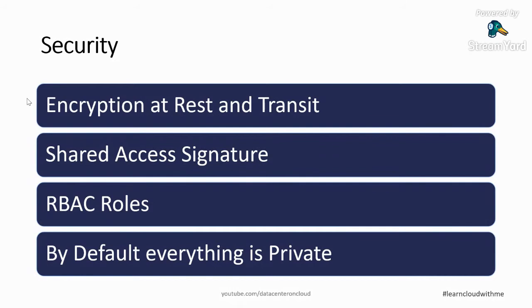We will see this in the demo. RBAC roles can be set from the Azure side, to decide who can access the storage account from the admin perspective, right? By default everything is private, nothing is open until we make it open. I will show this in the demo.